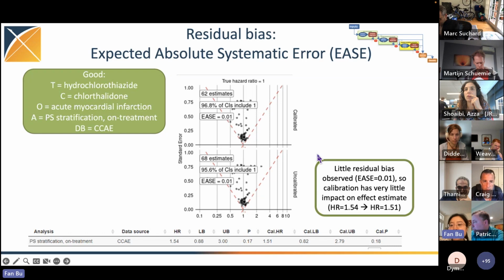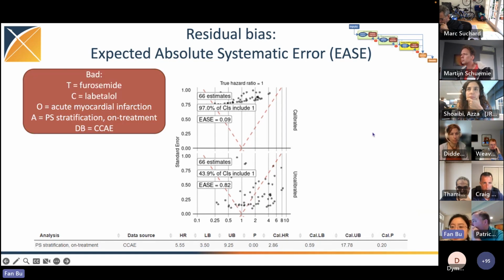And that's true because EASE is really small here, meaning that we have very little residual bias. That also indicates that empirical calibration wouldn't shift our estimation by much. Indeed, if you look at the hazard ratio estimates, confidence intervals, and the p-values, and compare those with the numbers after calibration, they are very similar, and doing empirical calibration wouldn't change our conclusion.